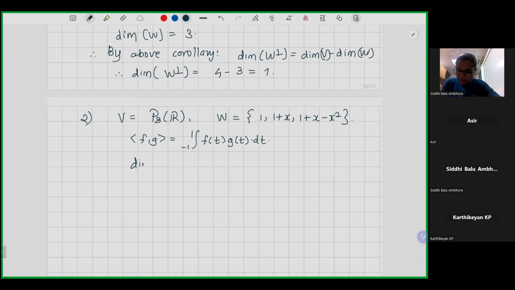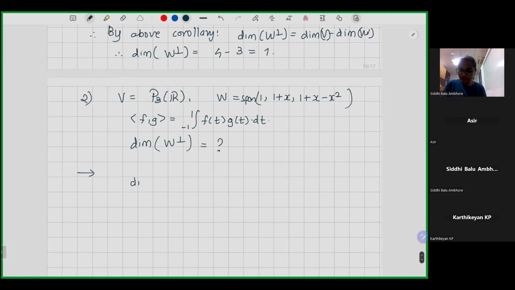If someone asks you to find the dimension of W perp, explicitly finding W perp in this case would be quite difficult.